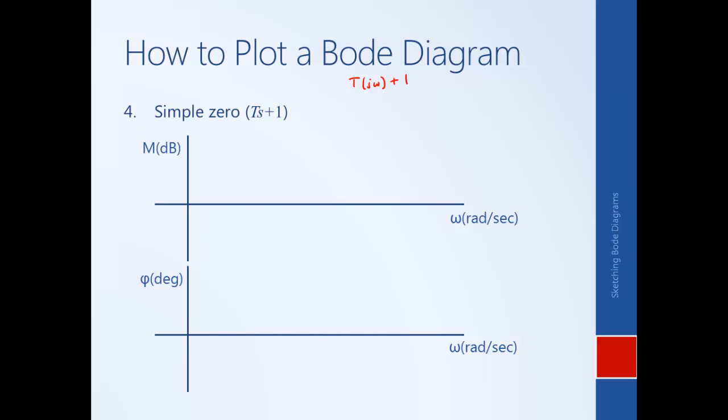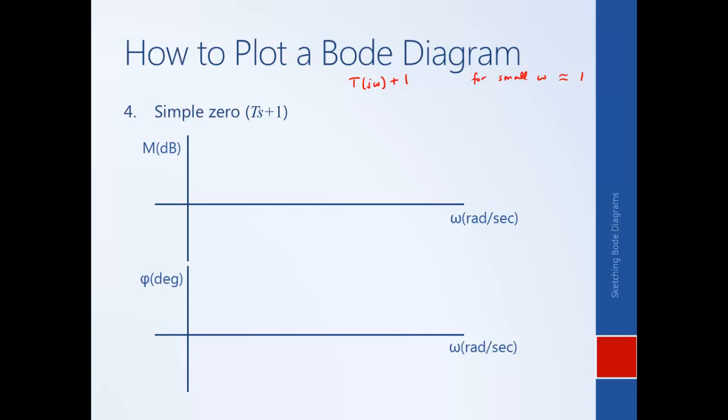You could do that on your own, but we won't. Just to give you some intuition, when omega is small, this term is insignificant compared to 1. So for small omega, our transfer function is very similar to 1.